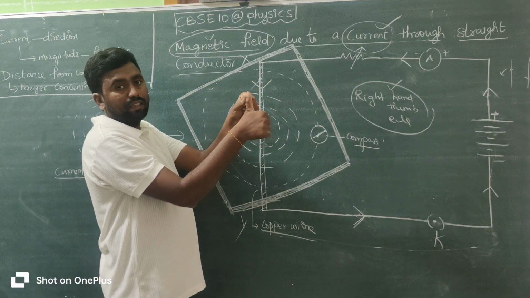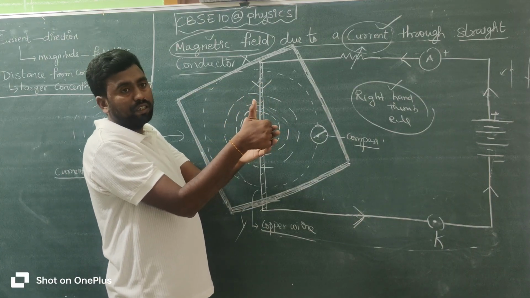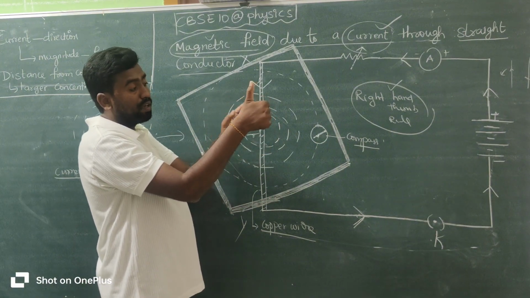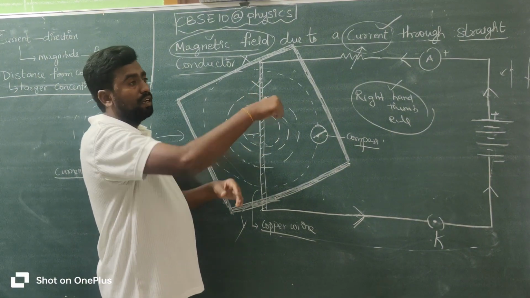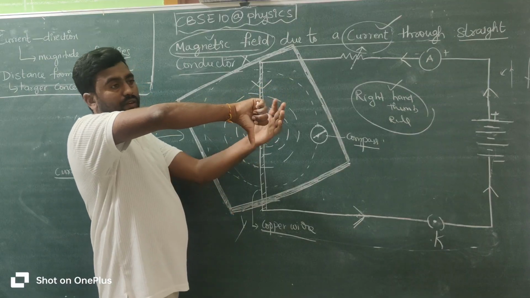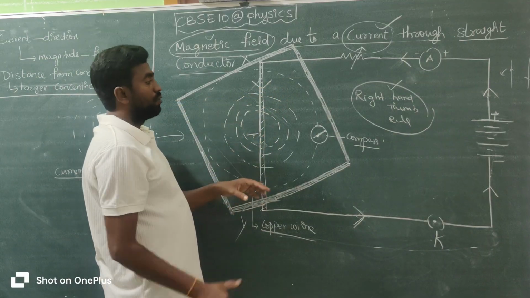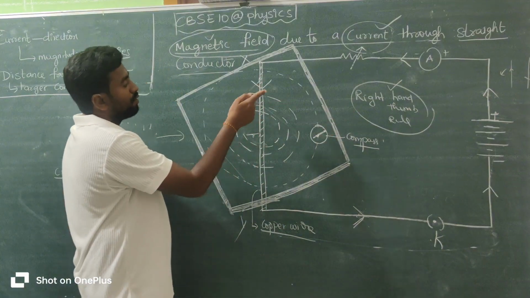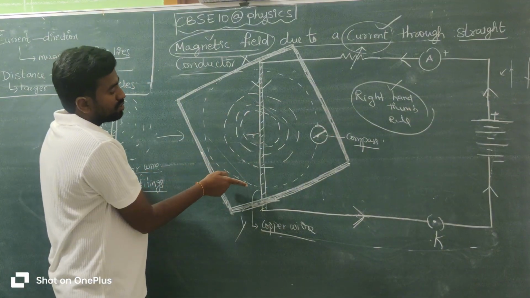The thumb represents current and fingers represent magnetic field. Right hand thumb rule explains the direction of magnetic field in a current carrying straight conductor.